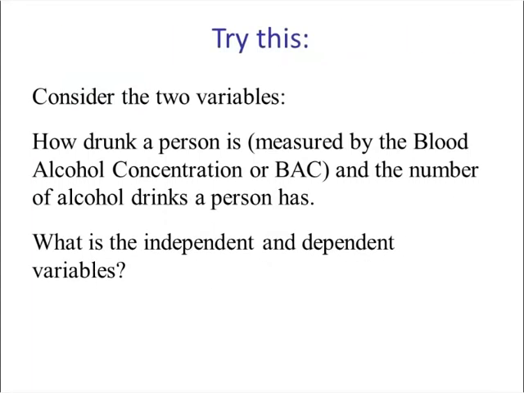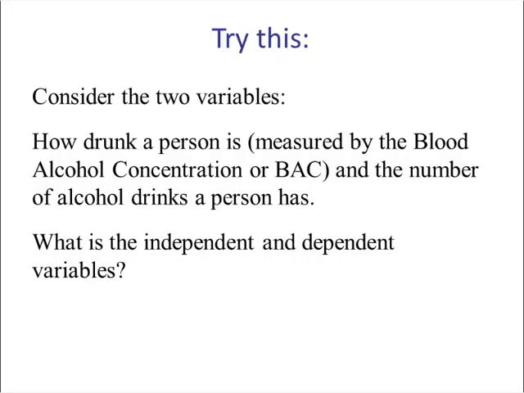Let's try this. Consider the two variables: how drunk a person is, measured by the blood alcohol concentration, or BAC for short, and the number of alcoholic drinks a person has. What are the independent and dependent variables? If we think about this, the more alcoholic drinks that a person has, the more the blood alcohol concentration will go up.